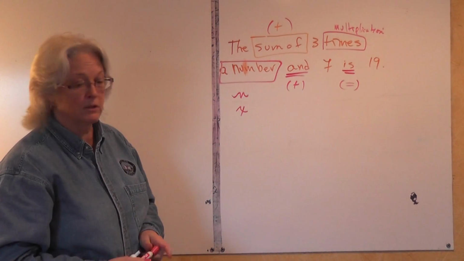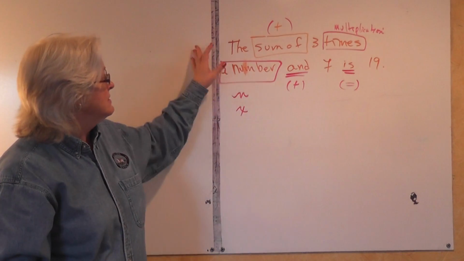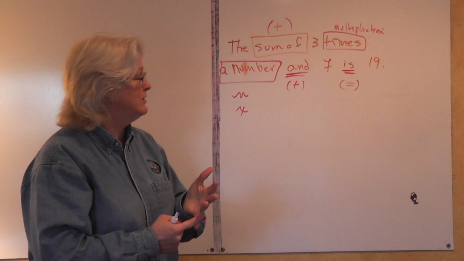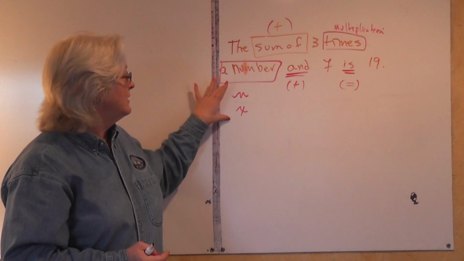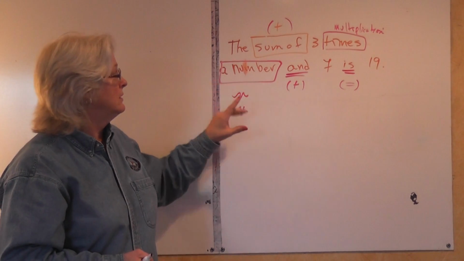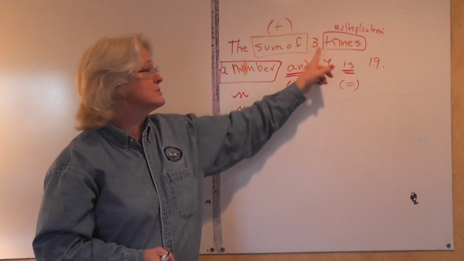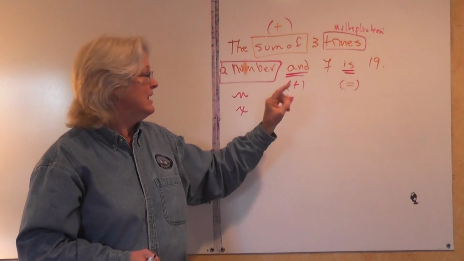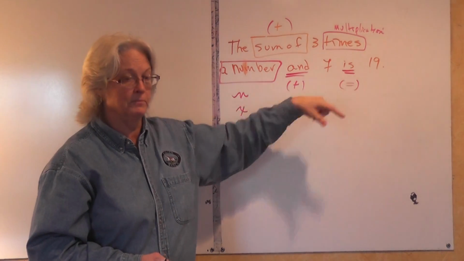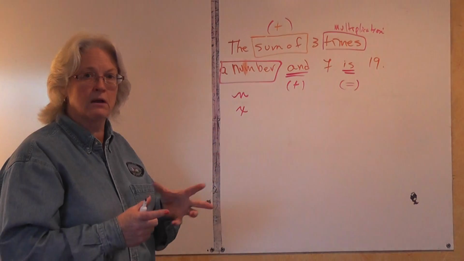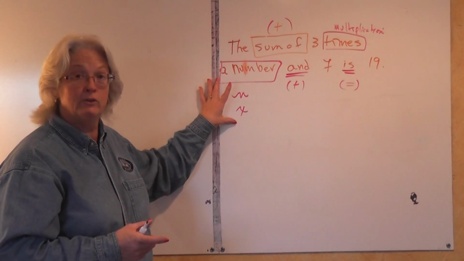Okay, so now that we've looked at this, we see the sum of 3 times the number and 7 is 19. We see that we have addition, we have an unknown quantity, we have 2 things that we're adding together. We're having 3 times a number and 7. So let's go ahead and set up what our unknown is going to be.